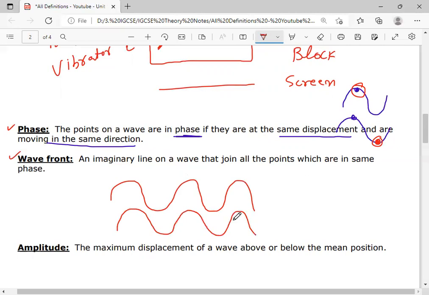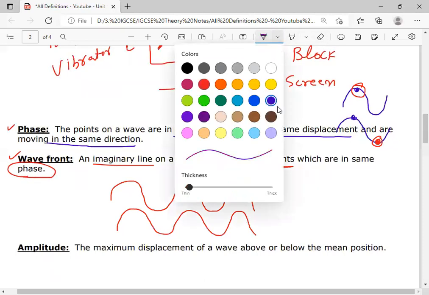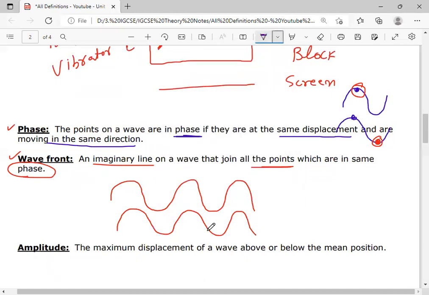Now I will draw point number 1, point number 2, point number 3, point number 4, 5, and 6.